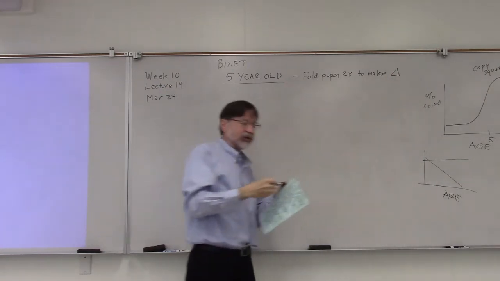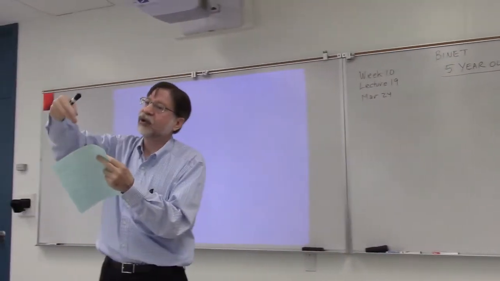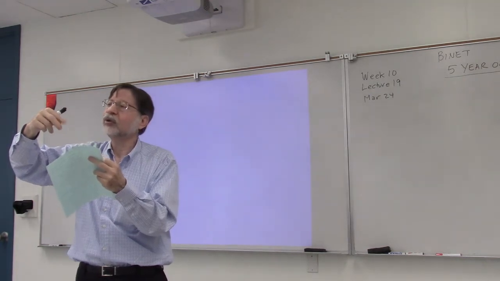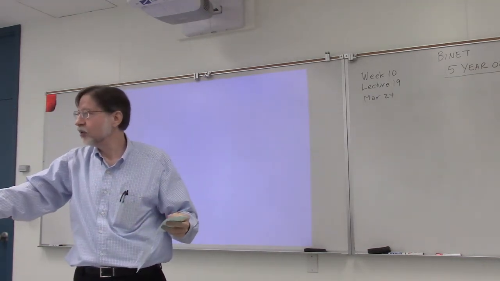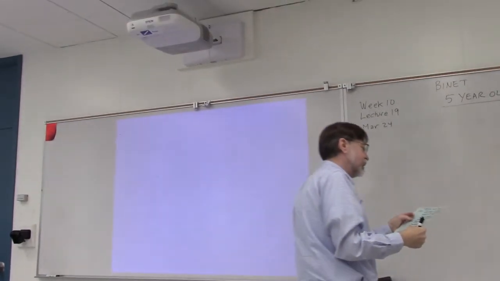So you give the child a square piece of paper, you fold it over once, that creates a triangle. Then you fold it over a second time, that creates a triangle. Say, I want you to do this, you give them another sheet of paper, another square, they have to fold it over once, fold it over twice, make the triangle.